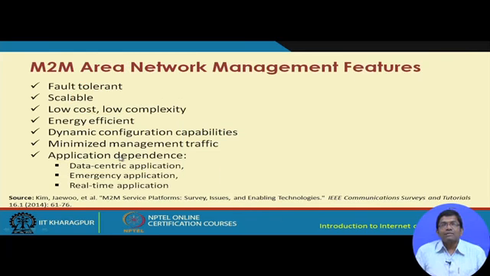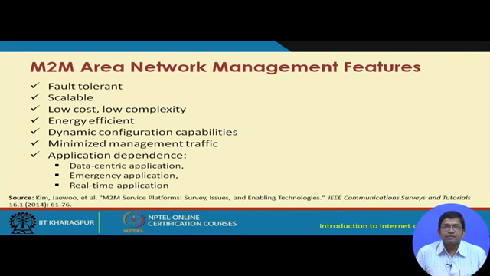M2M area network management features are like this: fault tolerance is very important. If there is some fault, the system is going to take care of it automatically. Scalability is another important feature of network management of M2M area networks, so when we increase the number of M2M or IoT nodes, that does not affect the efficiency significantly.